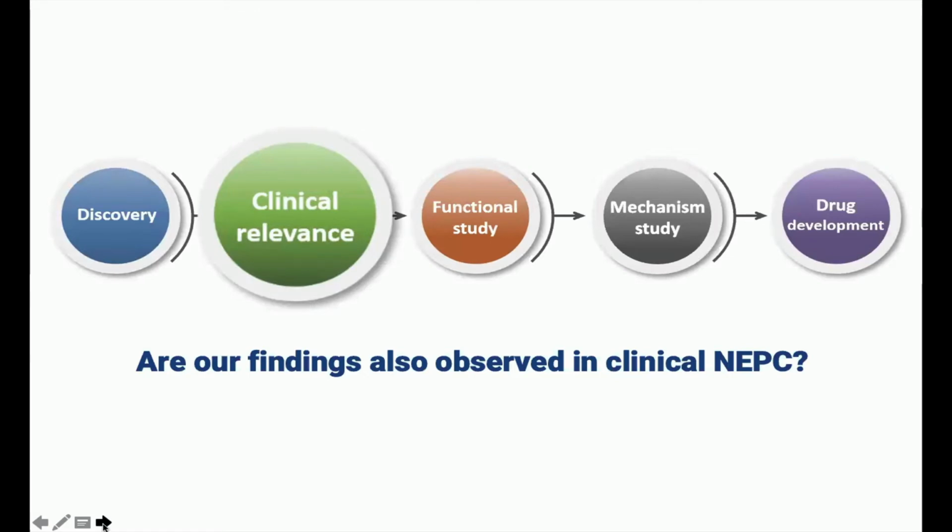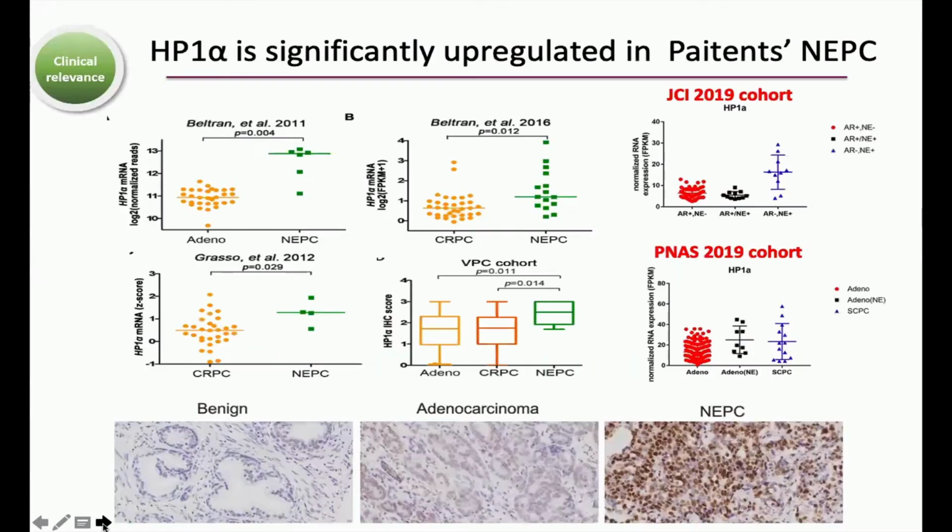So the next question we asked is whether this finding is also relevant in clinical NEPC. Otherwise, you have no reason to follow through. So years ago, Xinpei used multiple clinical cohorts and demonstrated that indeed HP1 alpha is significantly upregulated in patient NEPC.